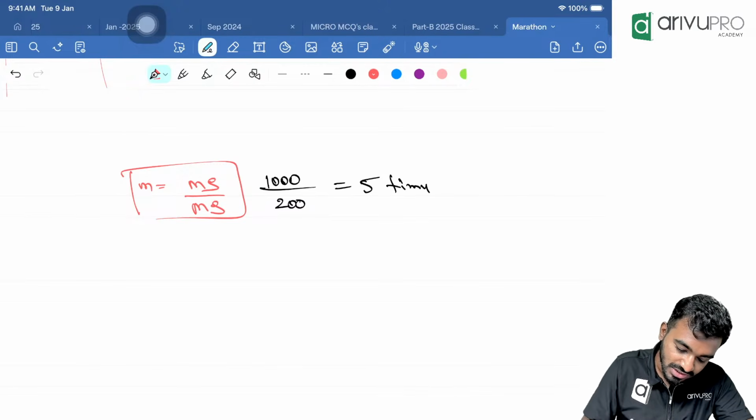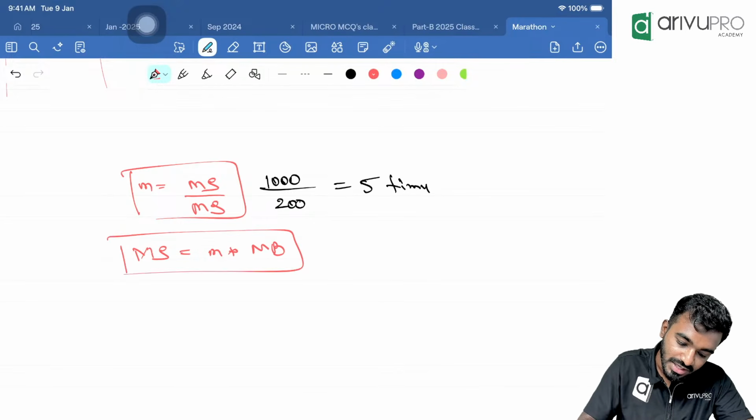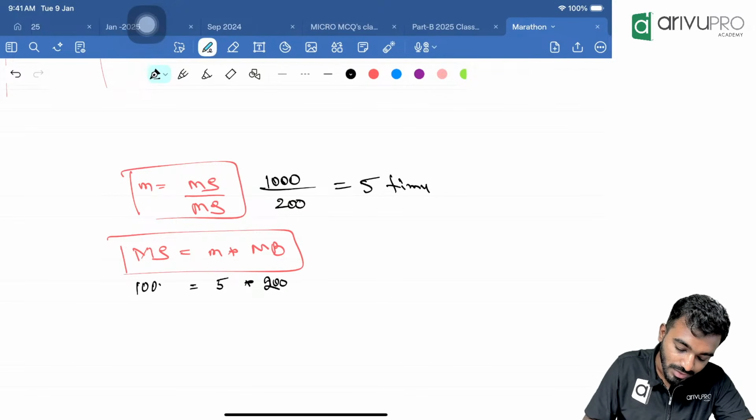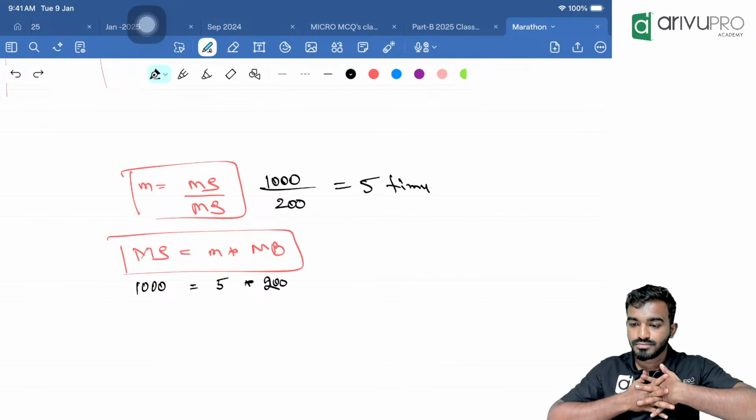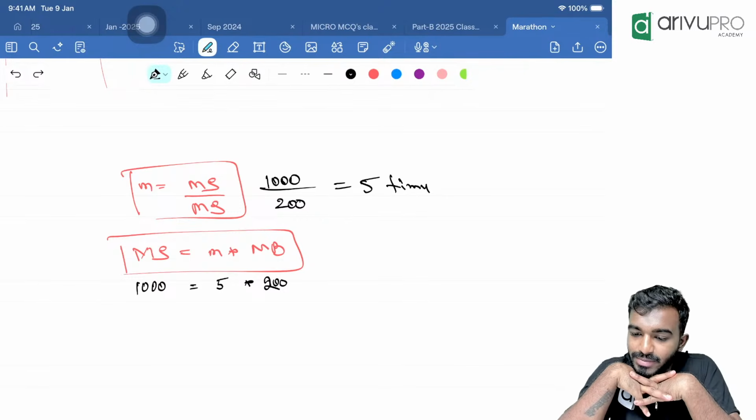By using this formula, MS is a multiple of monetary base. That means money will multiply 5 times. RBI is printing and supplying 200 crore, multiplying by 5 times, total money supply will become 1000 crores. That's money multiplier.